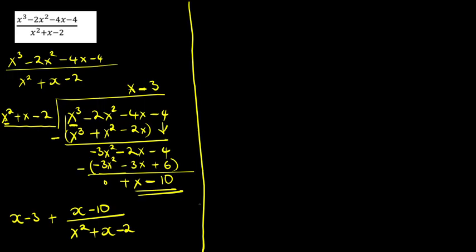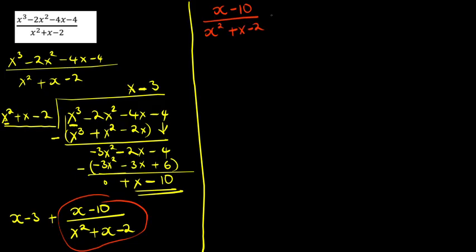And the second thing that you do now, the only thing that I'll concentrate on now, I'll concentrate on this one, right? So I have x minus 10 over x squared plus x minus 2. Then I need to factorize the down part.